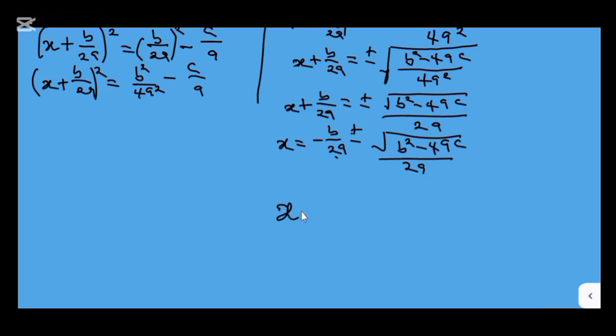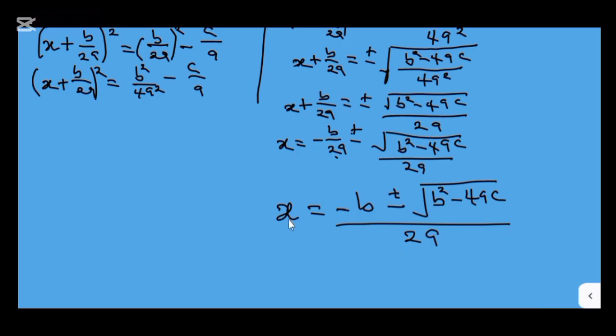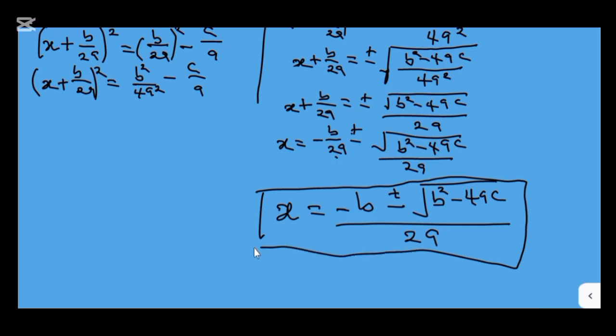It therefore means that we can write this as x equals minus b plus or minus the square root of b square minus 4ac all over 2a. This establishes the formula you always use to solve your quadratic equation.